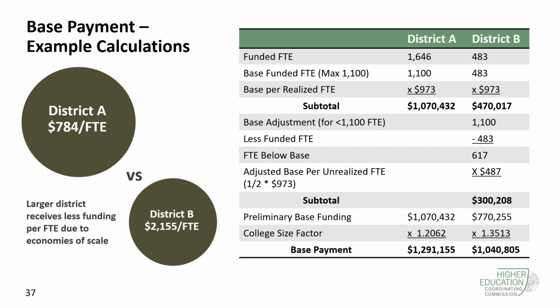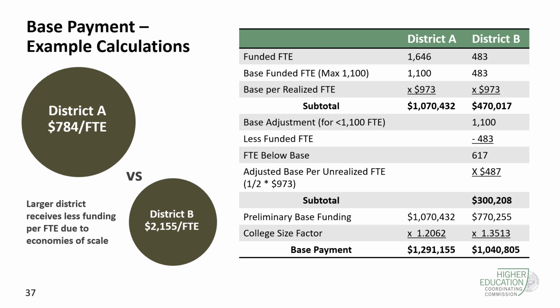Because they have more than 1,100 FTE, there's no adjustment whatsoever, and then that preliminary base funding of just under 1.1 million is adjusted by the college size factor. All of the college size factors were listed on the previous chart, but in this case, the size factor is 1.2062 multiplied by the 1.07 million, so their base payment is $1.3 million.